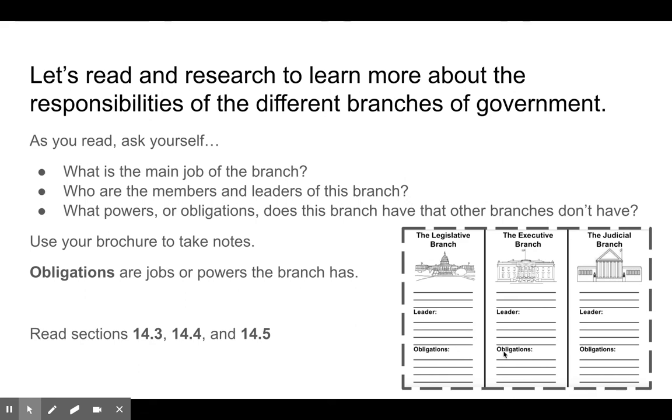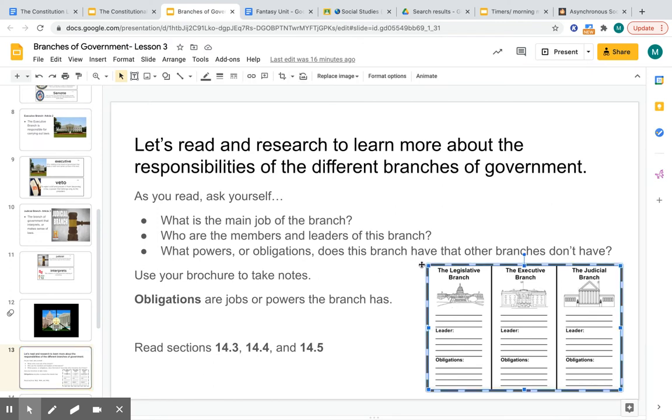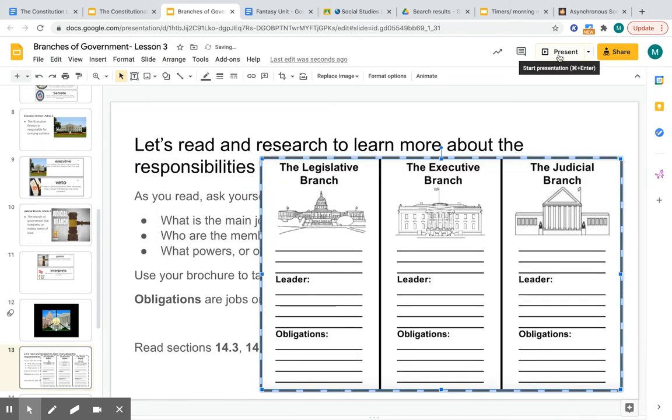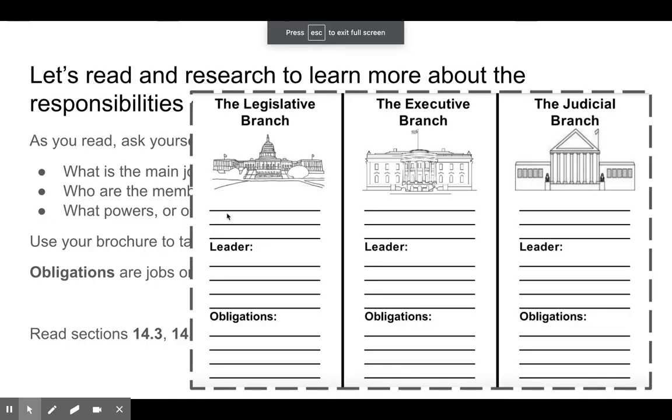You're going to use a brochure here to take your notes. So like I said, when you ask yourselves what's the main responsibility or main job, you're going to write it in the first 3 lines here using complete sentences. The main job of the legislative branch is, the main job of the executive branch is, the main job of the judicial branch is. Then here are the members and leaders. So who makes up the legislative branch?